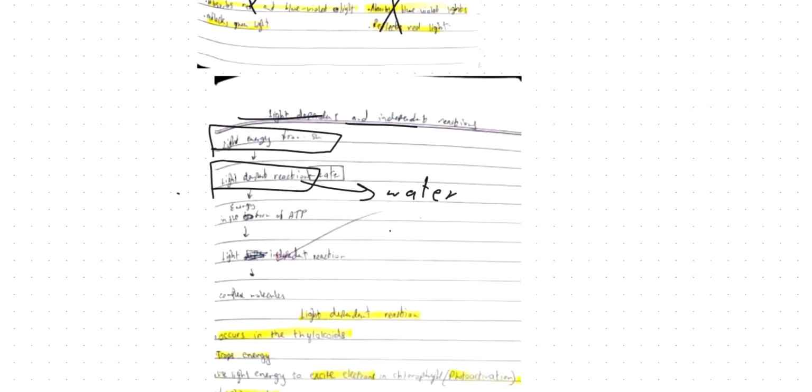But yeah, so light energy from the sun is absorbed by the light dependent reaction. And this light dependent reaction also involves water. Let me go back to the first equation.